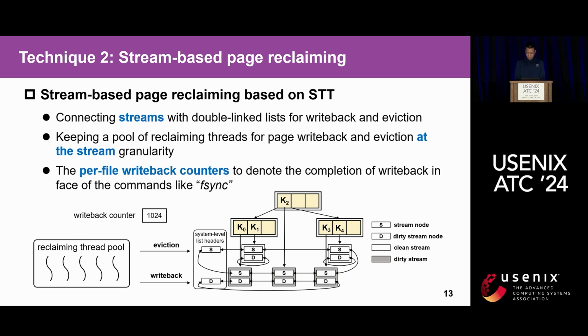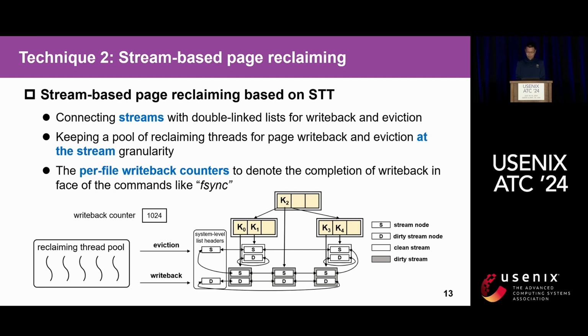Besides, while StreamCache does not maintain fine-grained writeback tags for the fsync commands as the kernel page cache does, instead it adds per-file writeback counters to denote the number of ongoing writeback requests.